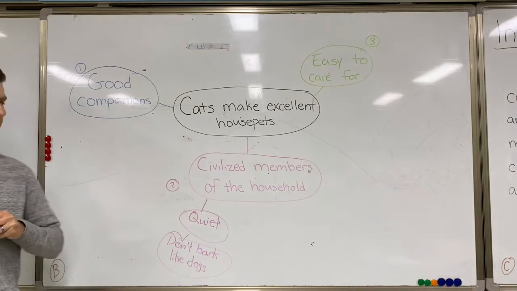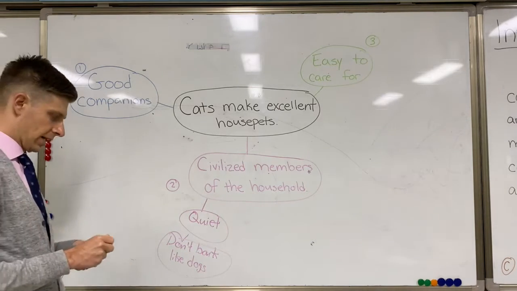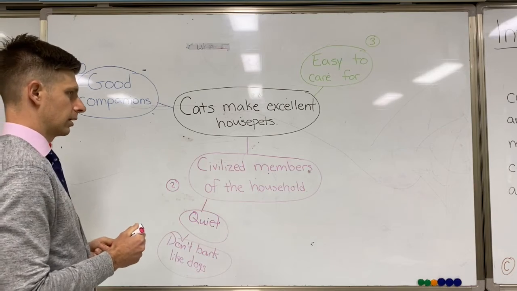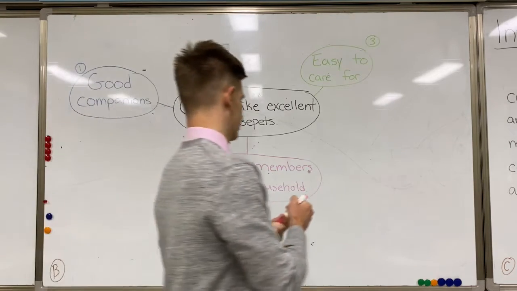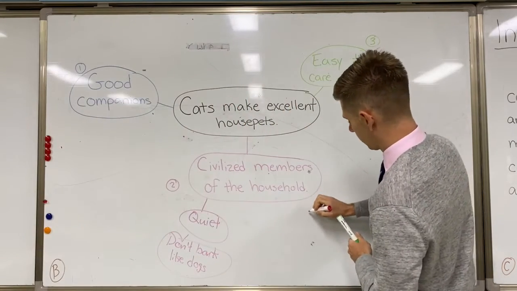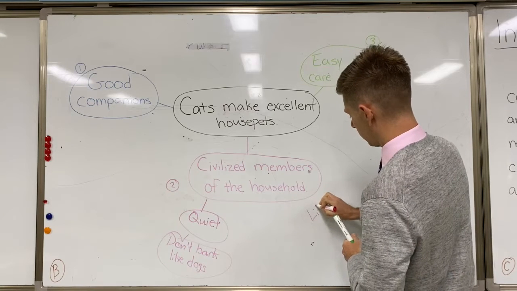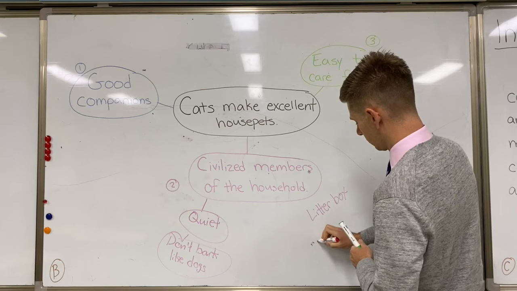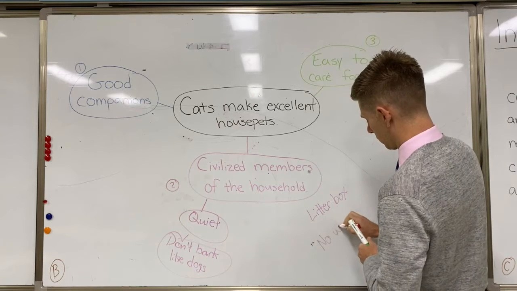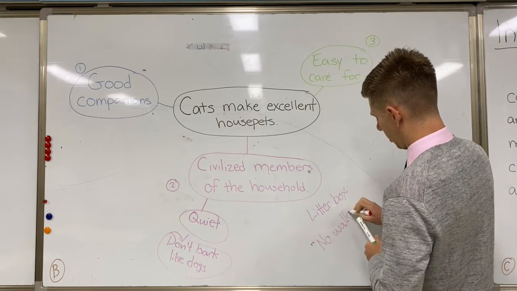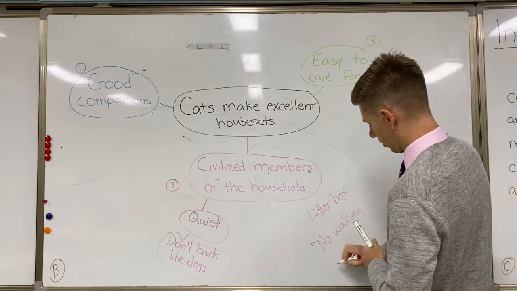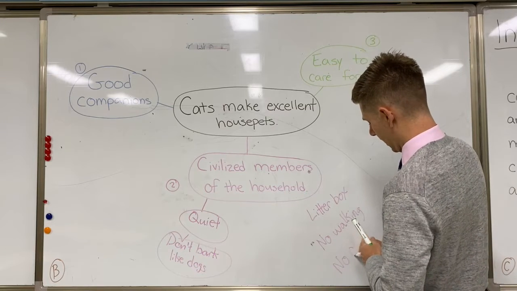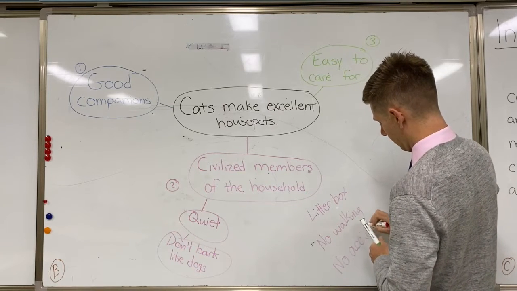What's another reason why cats are civilized members of the household? Well, they use a litter box, right? So they use a litter box, which means you don't have to walk them. No walking like a dog, and also no accidents like a dog, right?